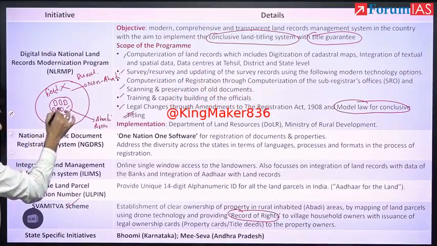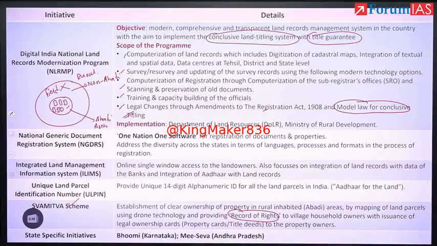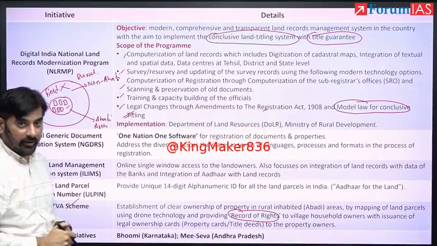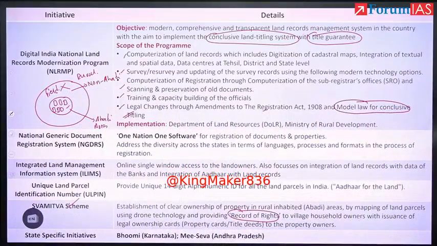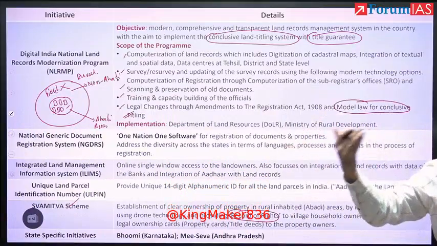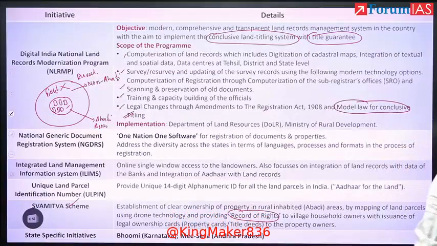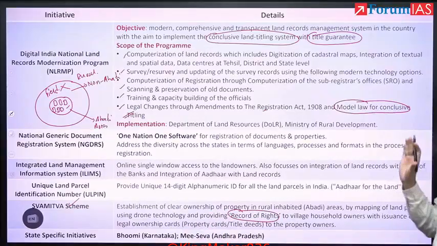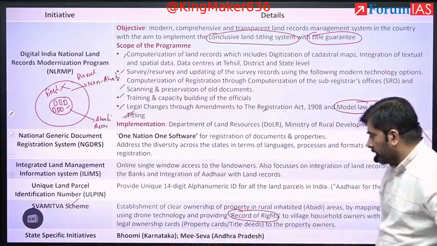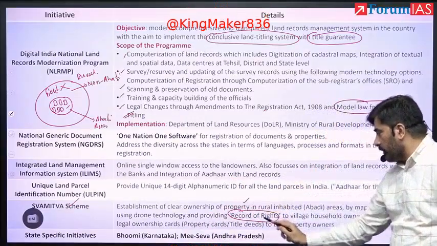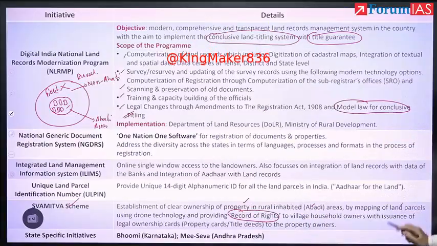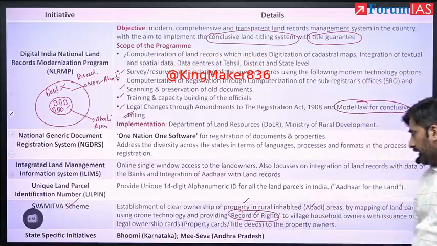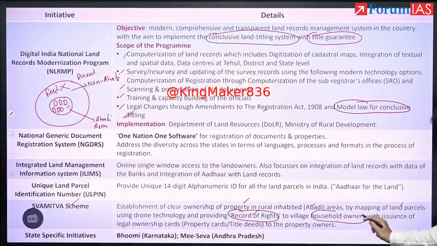For these houses which the people own. What's the benefit if you get a record of rights for the house that you own in the rural areas? You can use that particular record of rights as a collateral to take loans. It is not for land, it is only for houses. That's what I mentioned. Establish clear ownership of property in the rural Abadi areas by mapping the parcels using drone technology and providing record of rights to the village households.